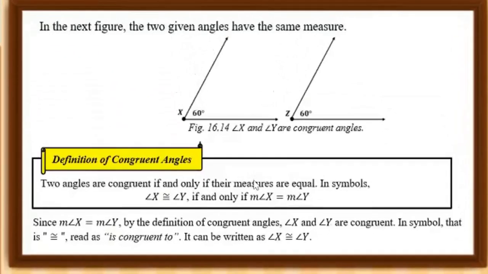In the next figure, the two given angles have the same measure. So this will be the definition of congruent angles. Two angles are congruent if and only if their measures are equal.